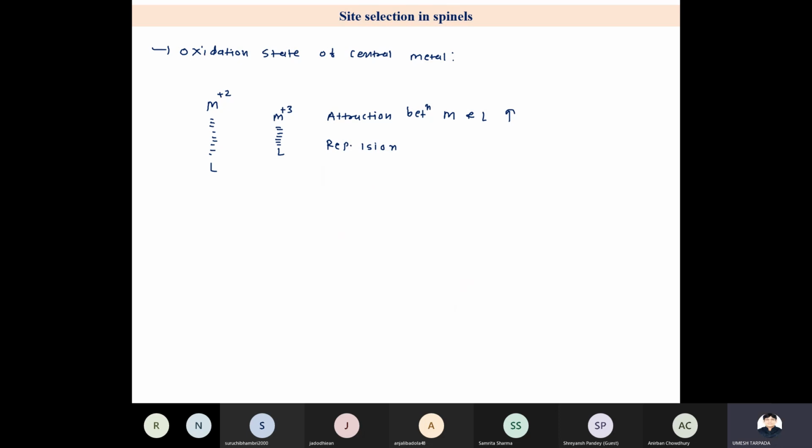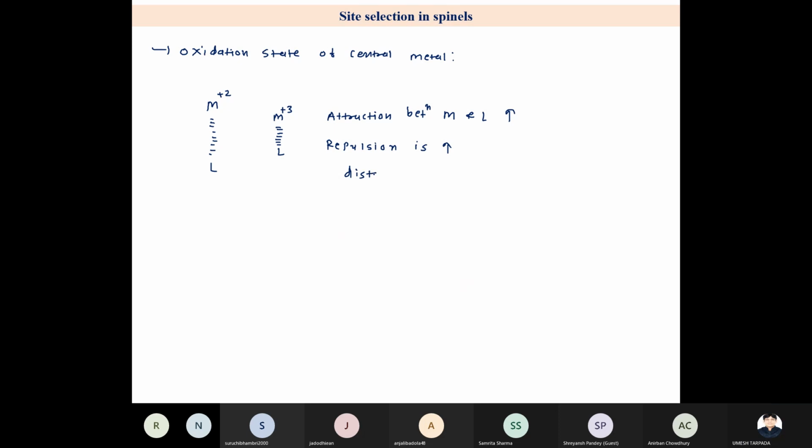Metal जैसे ही ये नजदीक आएगी metal की ligand, so repulsion भी increase होगा. ये attraction है ना, वो it is between positive charge of metal and ligand, और repulsion है वो ligand के इलेक्ट्रॉन और metal के इलेक्ट्रॉन के बीच में है. So as the oxidation state increases, distance decreases.